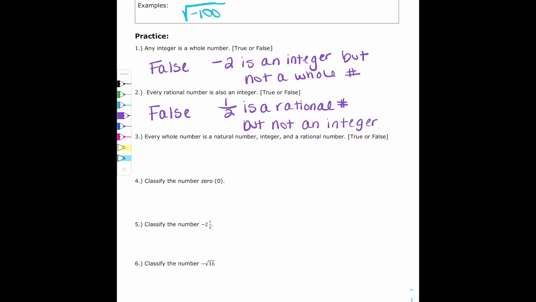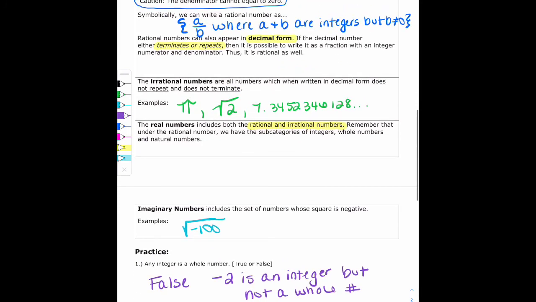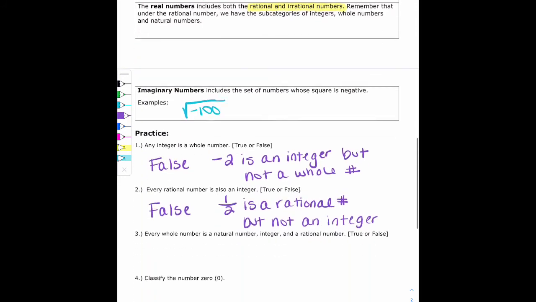This one is one that hangs people up quite a bit. So if you go back and take a look, integers have negatives, but they don't have any fractions or decimals yet. We do not get fractions and decimals until we get to the rational numbers.